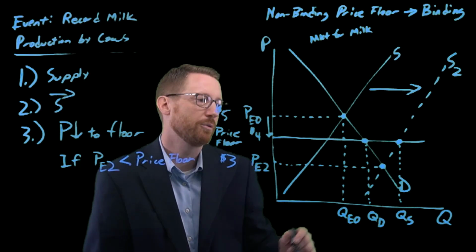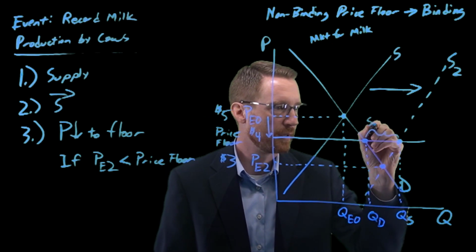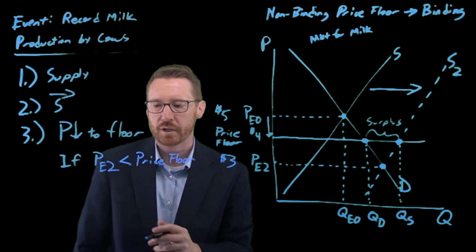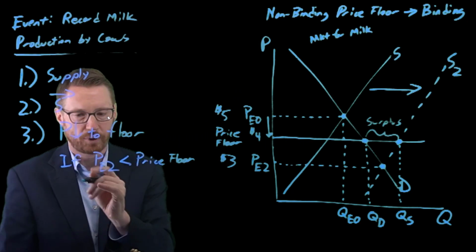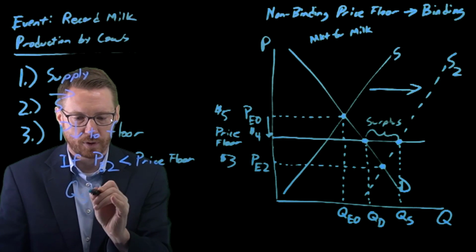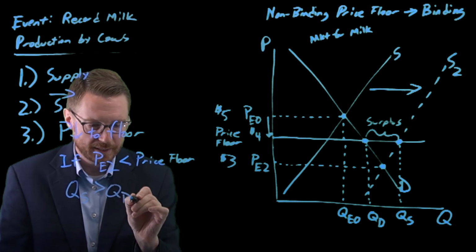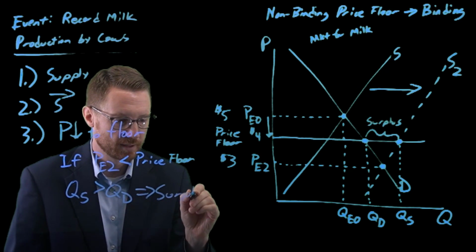So we end up with a surplus. If our equilibrium price is less than the price floor, then our quantity supplied is greater than our quantity demanded, and we've got a surplus.